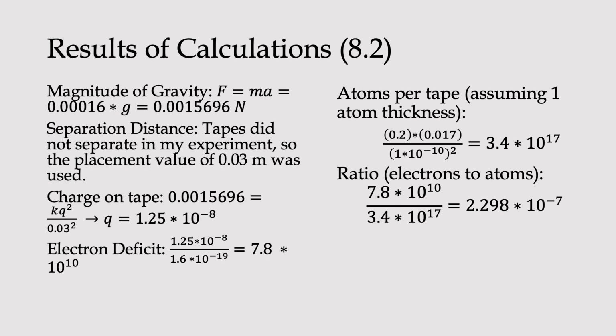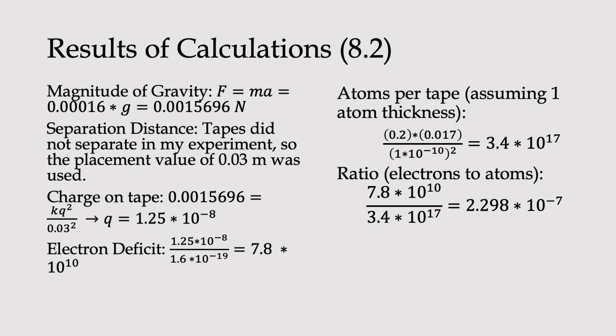And then the charge on the tape was found to be 1.25 times 10 to the negative 8 through this formula here, and that's in coulombs. And that's the charge on a tape needed to make it hover. And then the electron deficit using that charge was 1.25 times 10 to the negative 8 over 1.6 times 10 to the negative 19, which gave 7.8 times 10 to the 10 as the electron deficit.